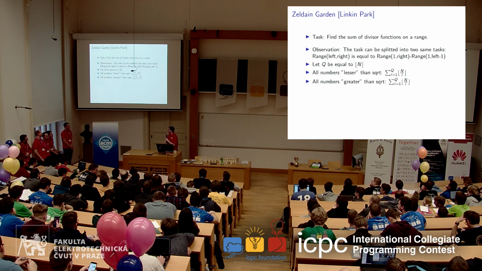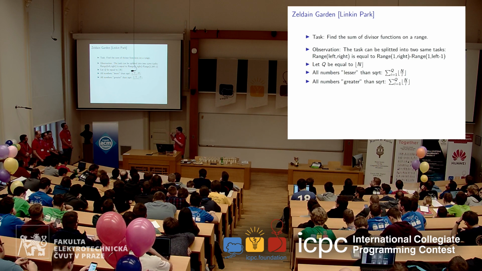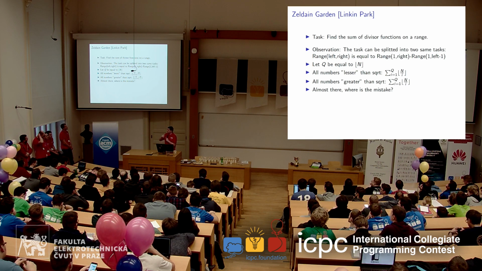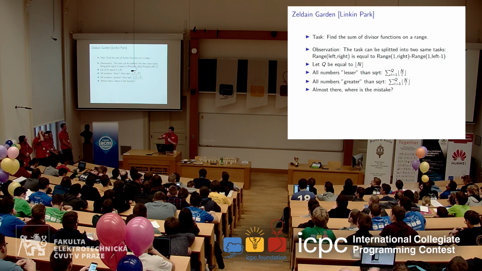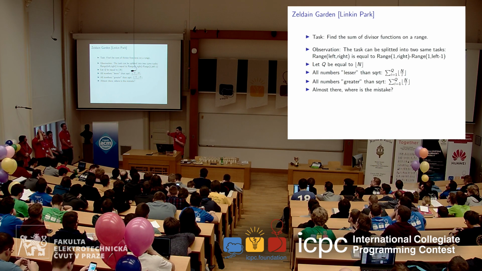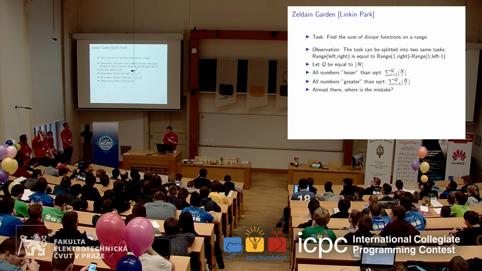But as you can see, we made a little mistake by this, because we counted some pairs in which both the numbers were lesser than sqrt(n).